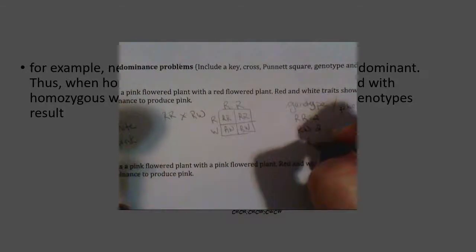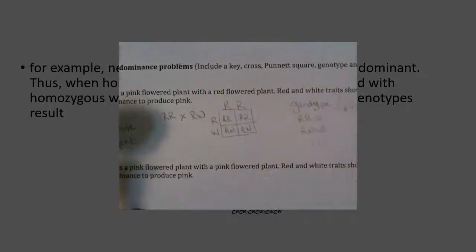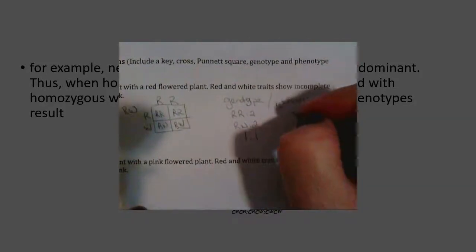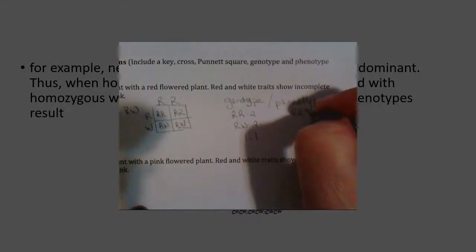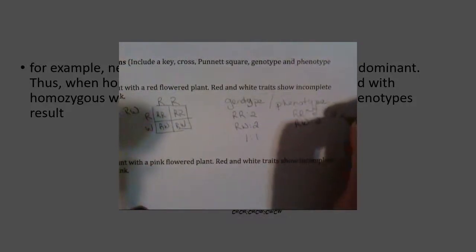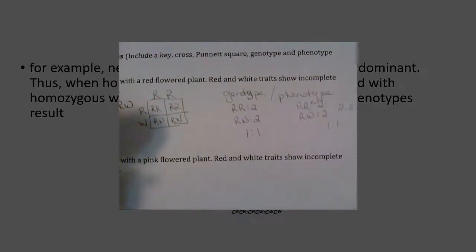So our genotypic ratio is 1:1, or 2:2. What is expressed? We have 2 red flowers and 2 pink flowers, or a 1:1 ratio. So if we crossed a red flower with a pink flower, we would have a 50% chance of having a red flower and a 50% chance of having a pink flower.